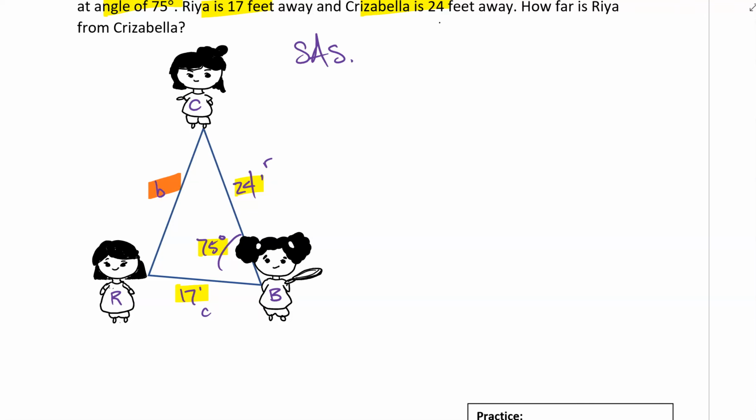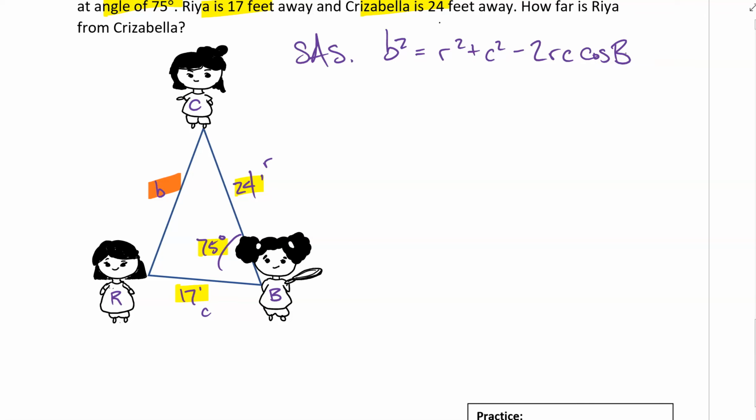So we're going to write out the formula properly. It's going to look like this: b squared is equal to the other sides, which is r squared plus c squared, subtract 2rc cos angle b.